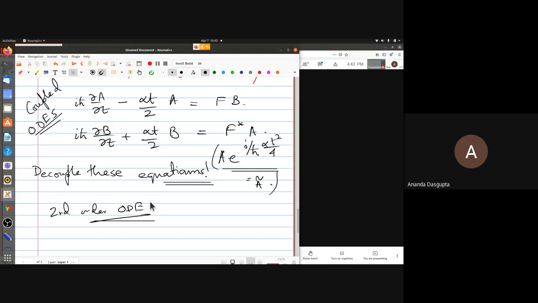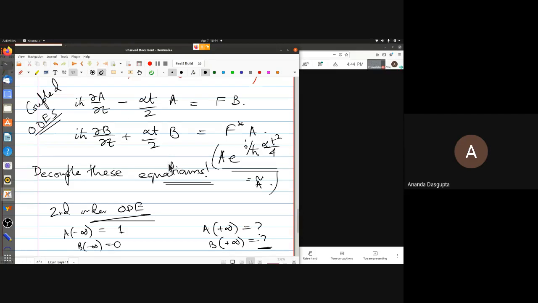Okay. Set up the second order ODE, then try to solve this question: if initially A at minus infinity is 1 and B at minus infinity is 0, how much is A at plus infinity and B at plus infinity? I will just give you the answer right now, or at least I will indicate the way the answer goes.